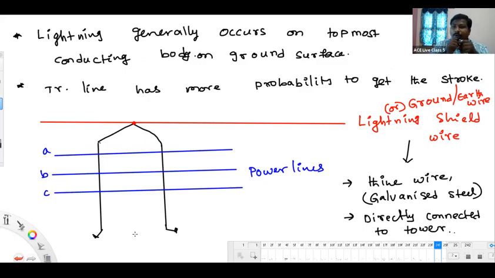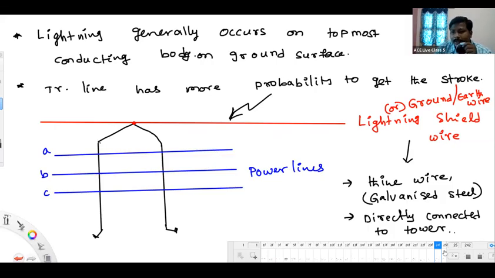Yes, by keeping the ground wire on top of the tower. By keeping the ground wire on top of the tower, we can avoid the lightning stroke attacking the power conductors. If we have any lightning, it will strike this ground wire only, not directly the power transmission lines.